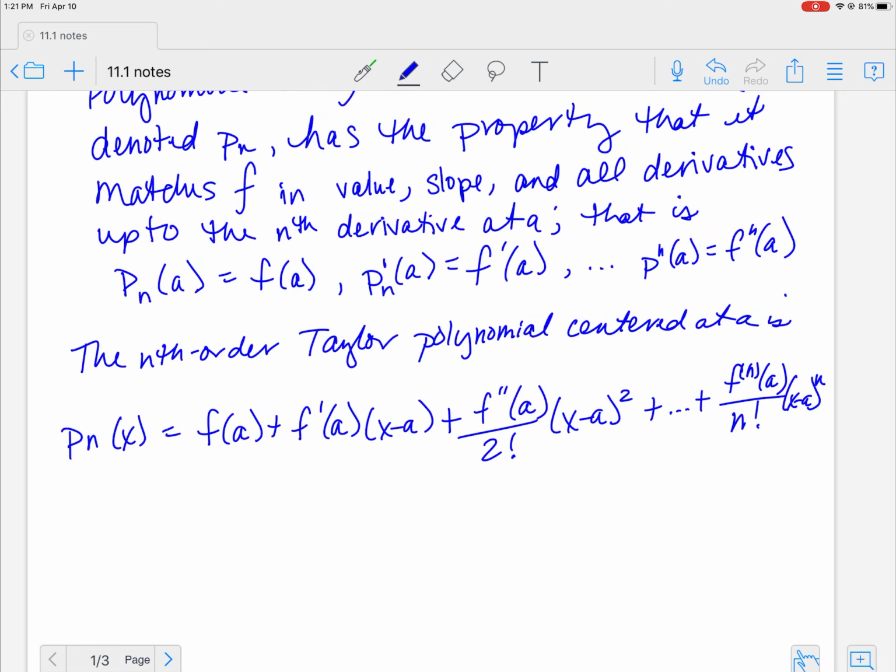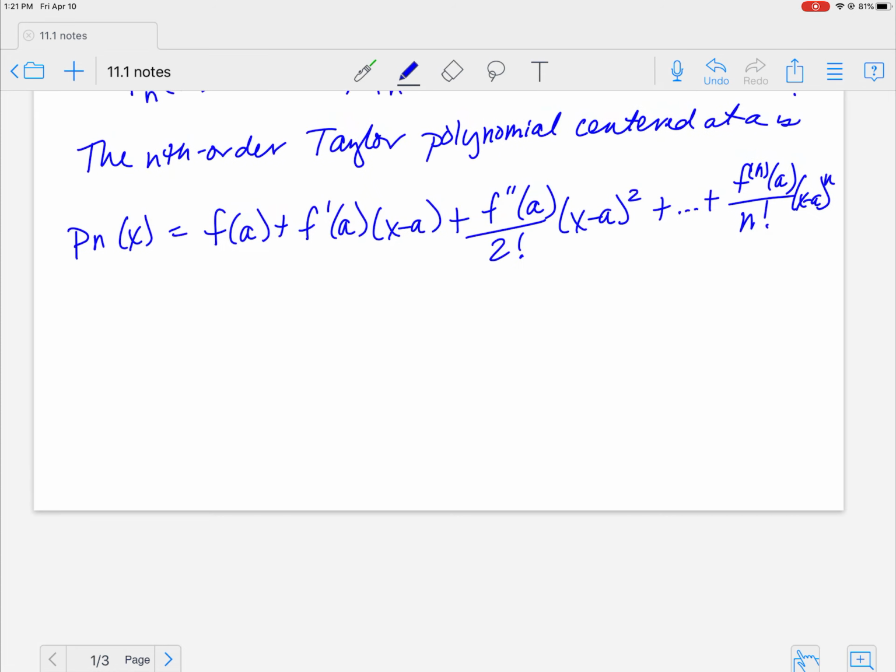More compactly, scooting it up again, my nth degree polynomial is equal to the sum from 0 to n of c sub k times x minus a to the k, where the coefficients are, wait, I'm going to change this.